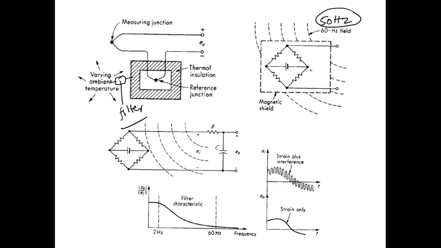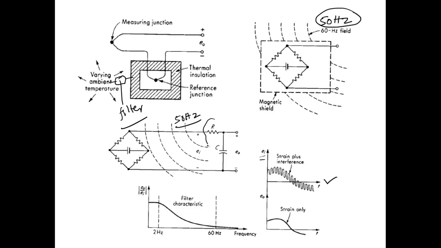Otherwise, this is almost an output filtering where you allow this AC field to interfere, which is not normally what happens, but you know the output will be strain plus interference, so it can go up and down, but the trend will be something like this. So this is the input, the EI versus time plot.